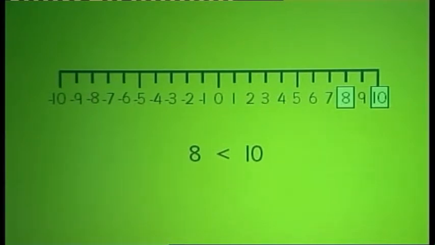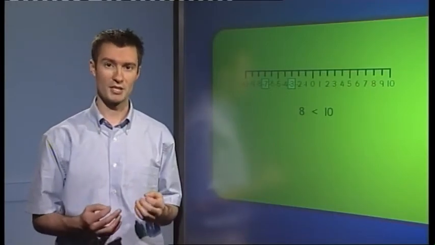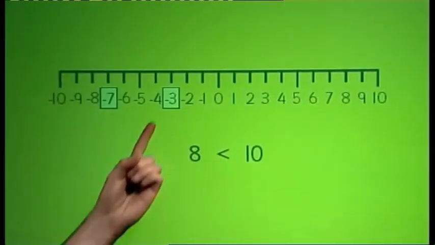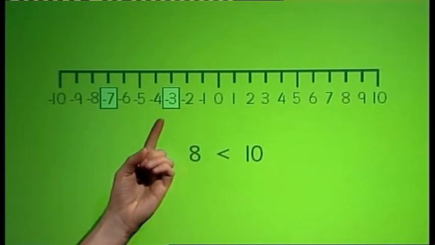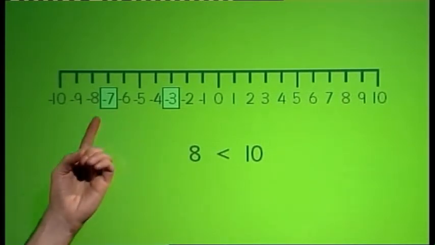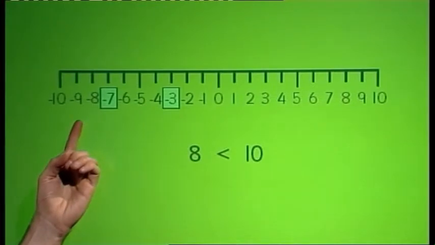And it's the same on the negative part of the number line. Here, the further to the left you go, the smaller the numbers get. So, which is smaller? -3 or -7? Now, even though the digit 7 is larger than the digit 3, because they're -7 and -3, -7 is smaller than -3. -3 is further to the right, and so it's larger than -7, which is further to the left.